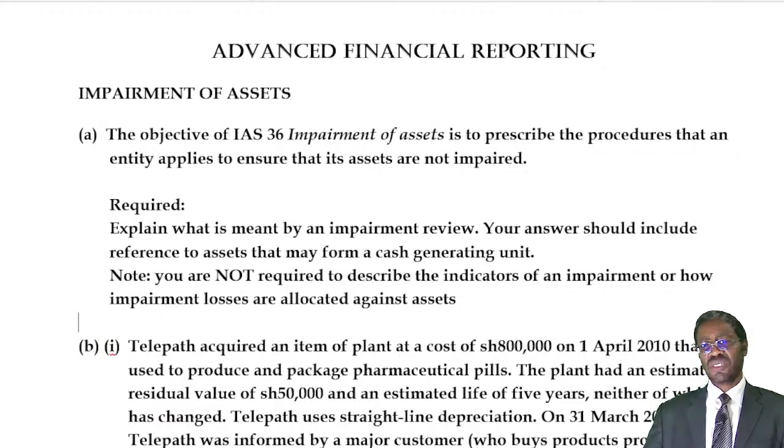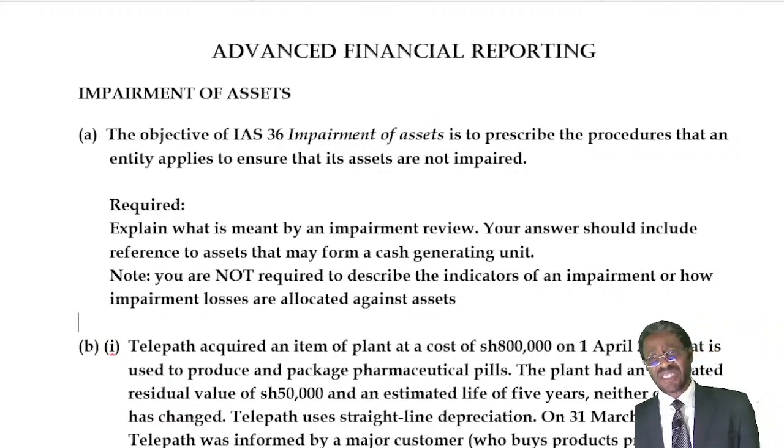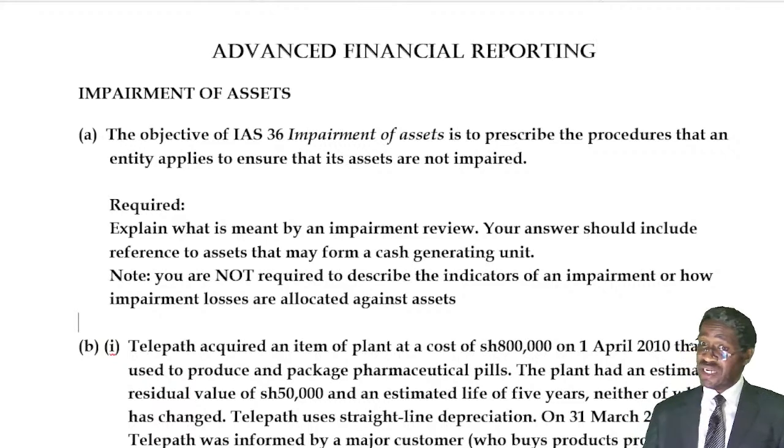Note, you are not required to describe the indicators of impairment and how impairment loss are allocated against the assets. Okay, that's a theory question. We shall answer it later, because there are some things I've not reminded you there.